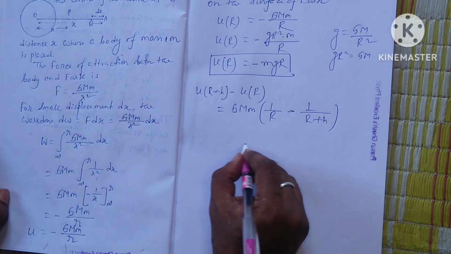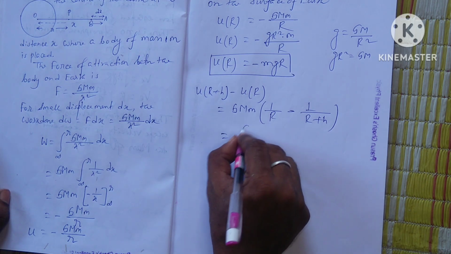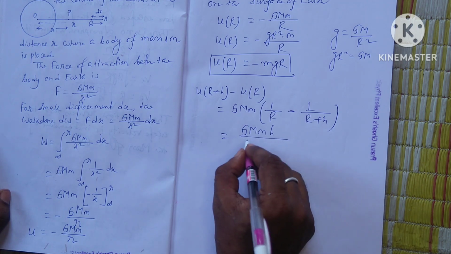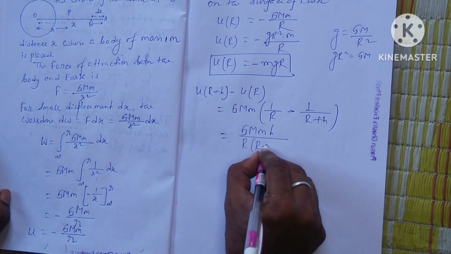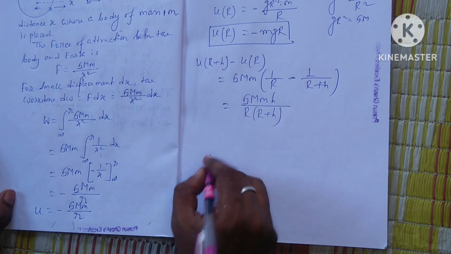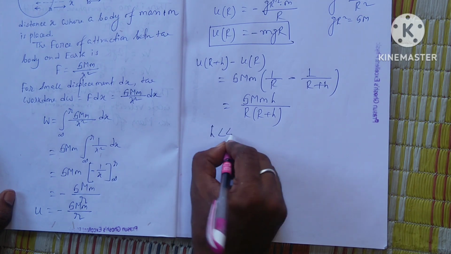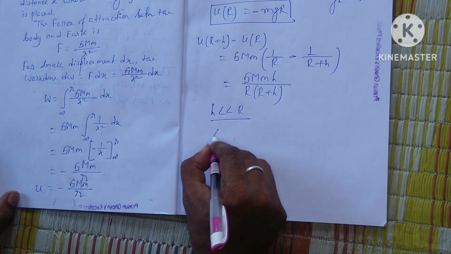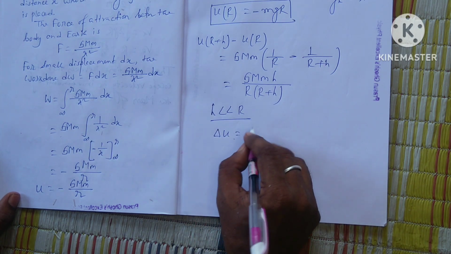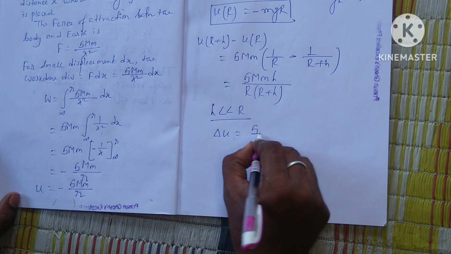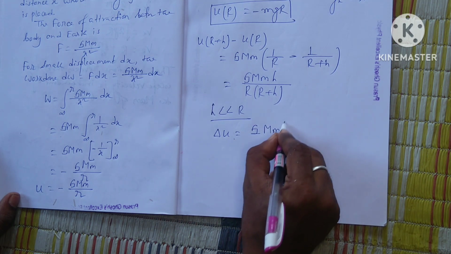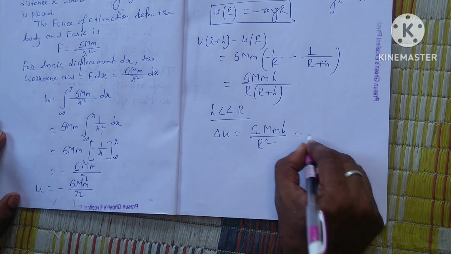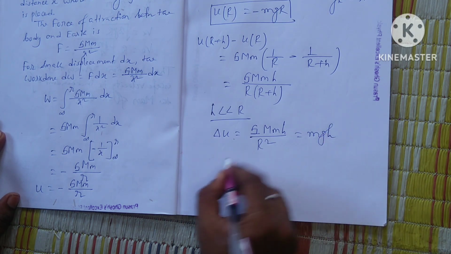So we get that is GMm h by R into R plus h. When h less than R, we can write that is GMm h by R square. So we can write mgh.